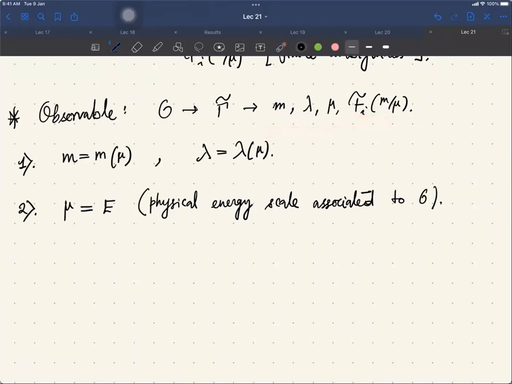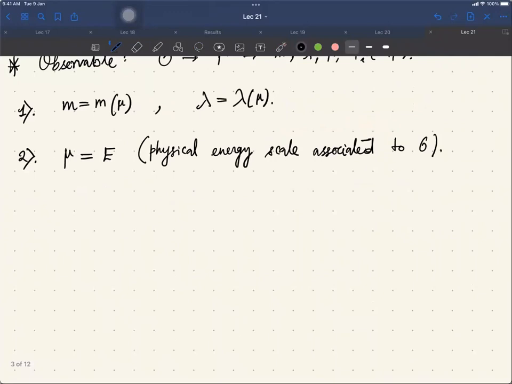That ambiguity has to be fixed before making connection between the parameters m mu and lambda mu with the observation.